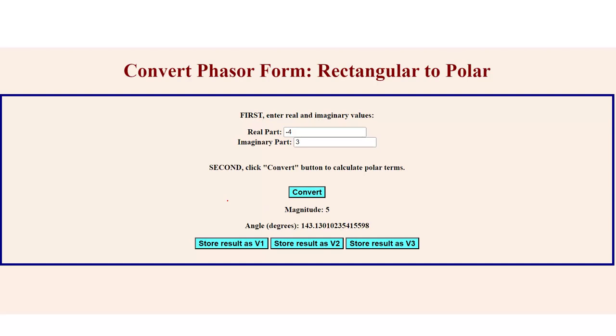My angle is 143 degrees. So make sure you know how to do these calculations both by hand and using the phasor calculator. Most of the time, it's perfectly acceptable to use the phasor calculator, like in homework assignments. But if I specifically ask you in the instructions to do the calculation by hand, please make sure that you do the calculation by hand.